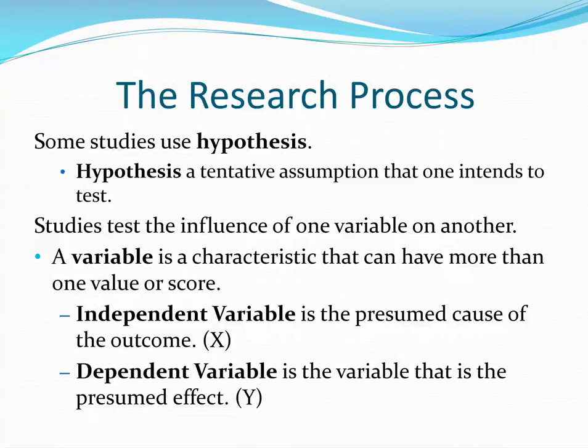The independent variable is presumed to be the cause of the outcome. Therefore, studying more than 3 hours would be the presumed cause of the outcome. The dependent variable is the effect, and the effect would be what your grade is on the exam if you studied more than 3 hours, or even if you study less than 3 hours. It would kind of predict that.